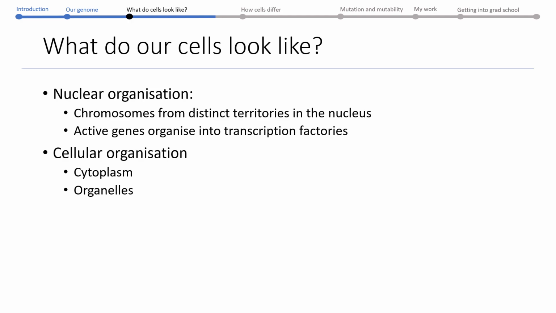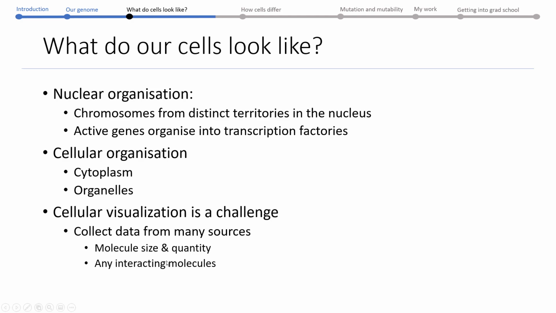But as you zoom out more and more, it becomes more and more difficult to visualize how cells look, especially if you're trying to have a comprehensive view. For example, let's try and visualize the cytoplasm. You have to understand the size of the molecules, how many of a given molecule is in the cytoplasm, and any molecule that that first molecule interacts with.